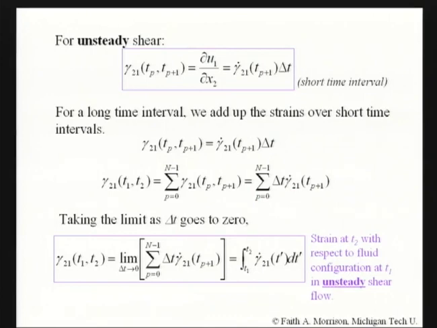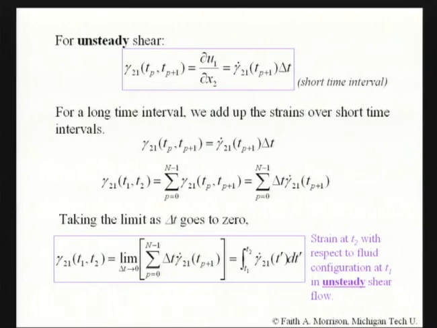That doesn't work anymore. But we can go back to calculus and say, I know how to do a sum if I take the limit that this delta t becomes very, very small. So in the limit that delta t is small, this summation, this limit of a sum, this is the fundamental definition of an integral, is the limit of a sum.